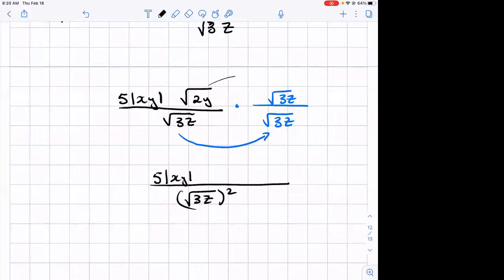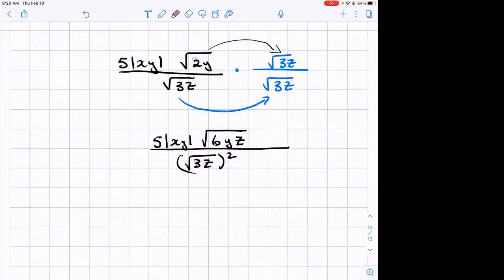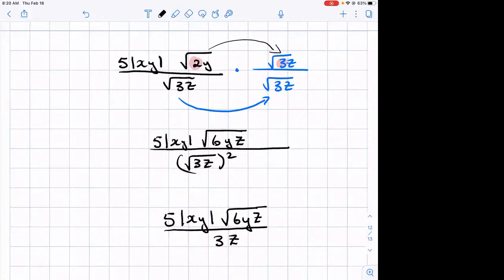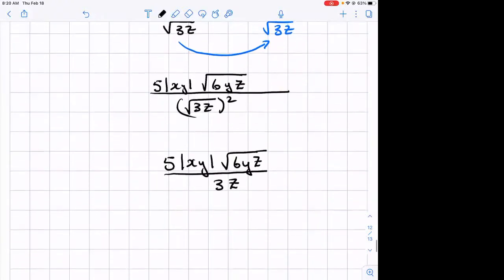And if you multiply this root times that root, you get the root of 6yz. Okay? Because 2 times 3 is 6. Remember the radicals, we can multiply them. So finally we have 5, the absolute value of xy, the root of 6yz, okay? All of that divided by 3z. Okay? And there is no more simplification because nothing can be cancelled. So here is our final answer.